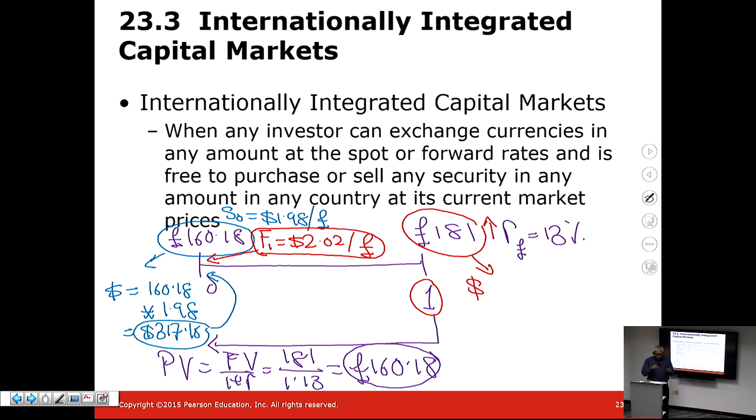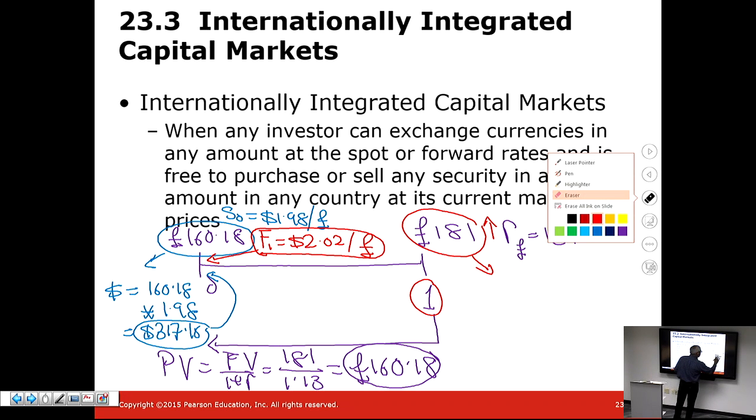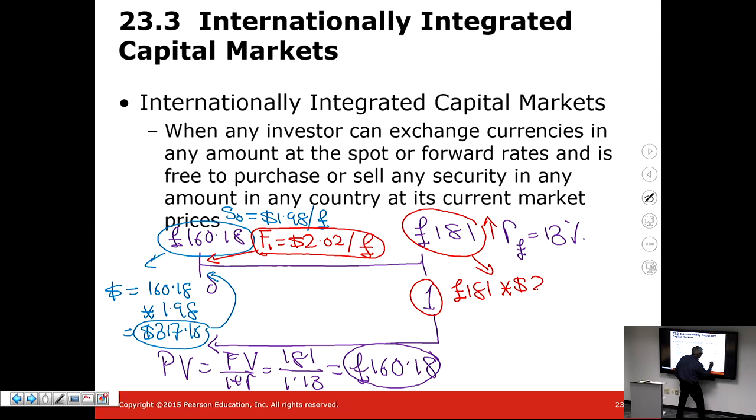So I will receive the 181 pounds and convert it into dollars by multiplying by $2.02 per pound. Of course, the pounds cancel. I'm left with dollars. The dollar value that I'm left with is 365.62.